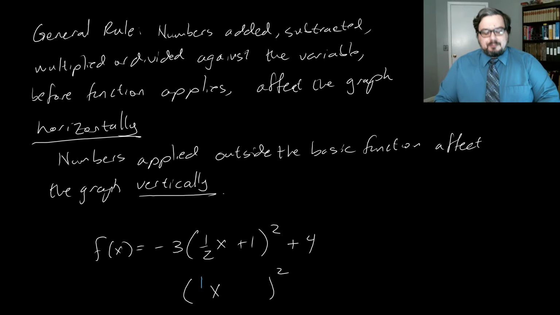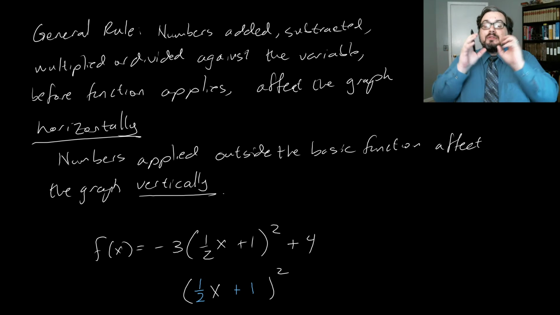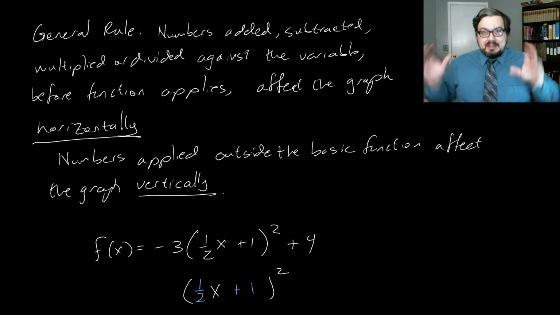What we have from the basic x squared function that we understand, we can see that we've multiplied a 1/2 by the x, and we've added a 1, and both of these changes that we've made to the function formula have happened inside the parentheses. They've happened to the variable x before anything else has, before the function has applied.